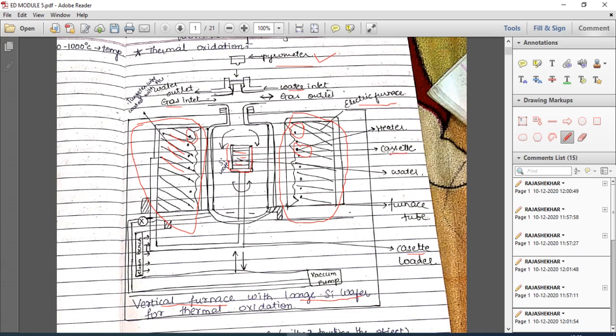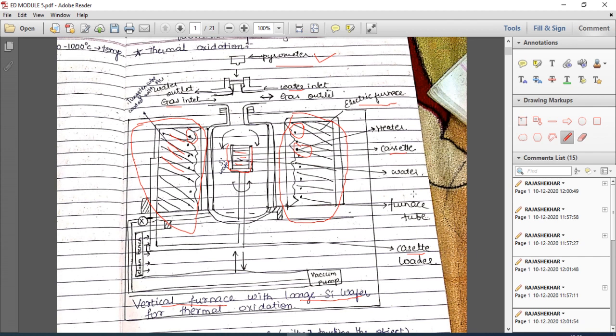The cassette is used to hold that silicon wafer, and the cassette loader is used to load the required quartz or silicon into the cassette. So that is the role of the cassette loader, to load the quartz into the cassette.